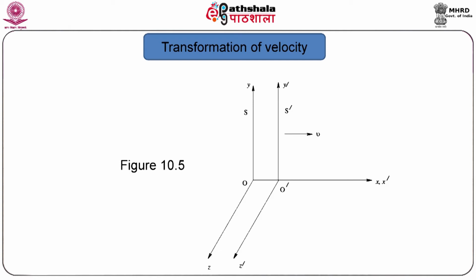We know that any frame moving with uniform velocity with respect to a fixed or inertial frame is again an inertial frame. So, the frame S dash is also inertial. Here we are taking two inertial frames S and S dash.